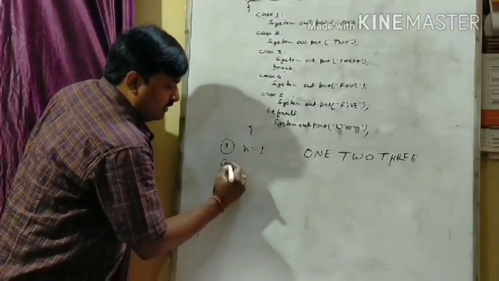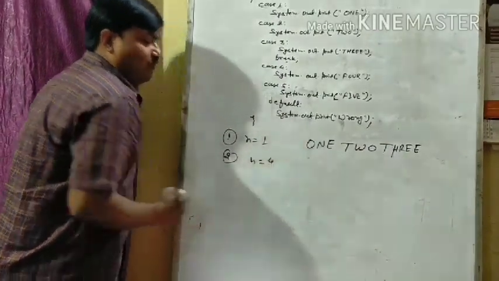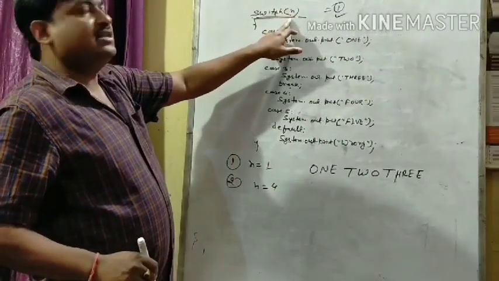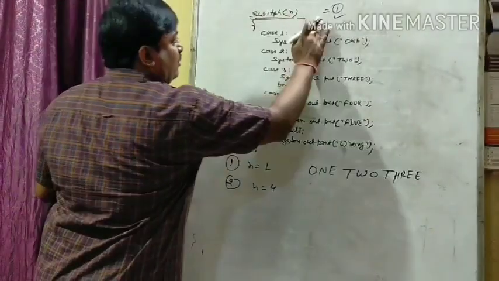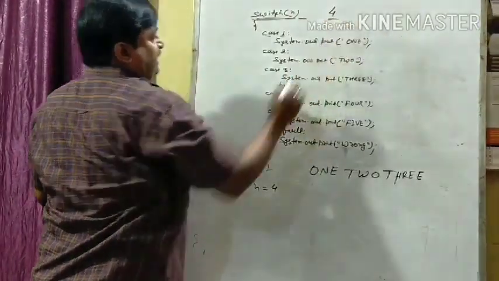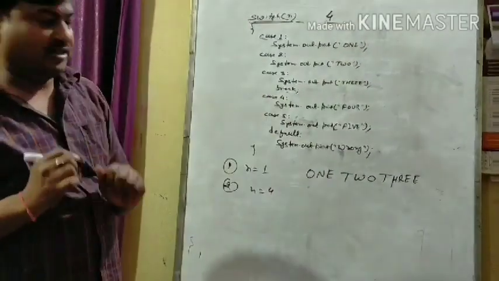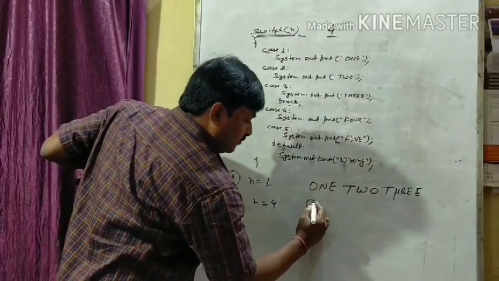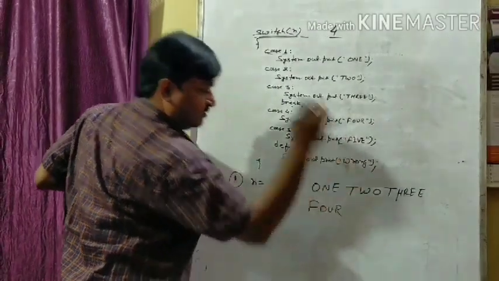Now, in question number 2, if we put n equal to 4, what happens? N equal to 4, we put n in switch. Therefore, the value of the switch expression is 4. This time, case number 4 will be executed. In case number 4, there is system.out.print 4. So 4 will be printed.